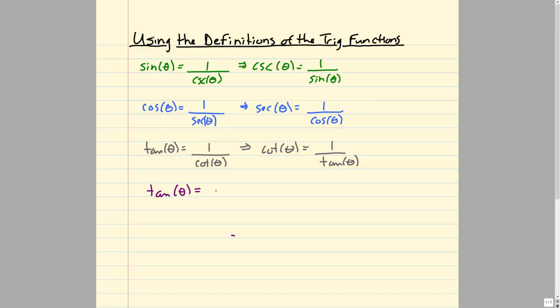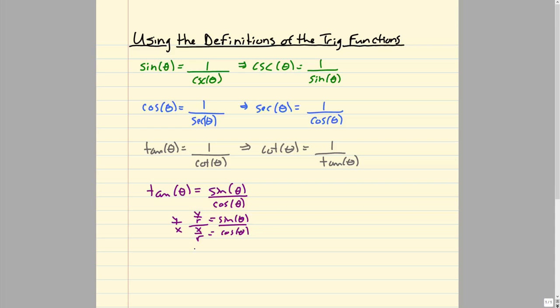Tangent theta is equal to the sine of theta over the cosine of theta. Now remember, tangent theta we used to think of as y over x. Now y over r was equal to the sine of theta. X over r was equal to the cosine of theta, if you'll recall.